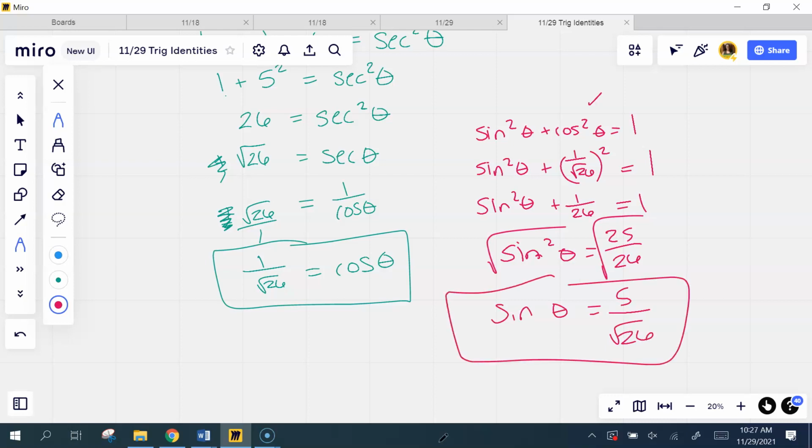What'd you do? Okay, you could. Subtract 1 over 26, so 1 minus 1 over 26. 26 over 26 minus 1 over 26, which would give you the 25 over 26.